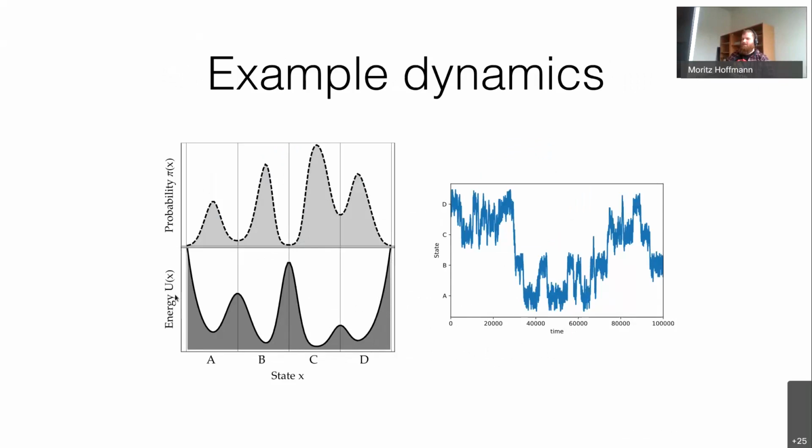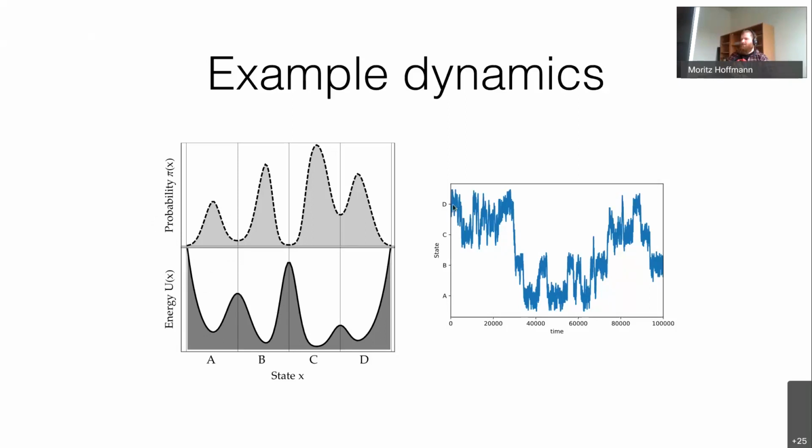Yeah, so we have the energy U of x, and then it will go in here and maybe diffuse around in here, and eventually it would maybe make a transition over here, and then maybe cross here, or vice versa, go back to A, right? And kind of one-to-one to this is also a probability distribution of states. So where we have an energy well, it is likely to find a state, and on a barrier, it is unlikely.